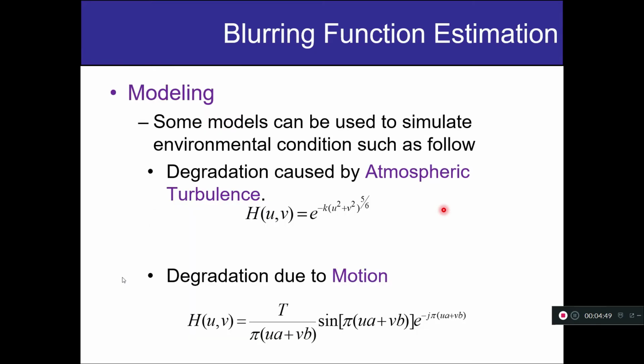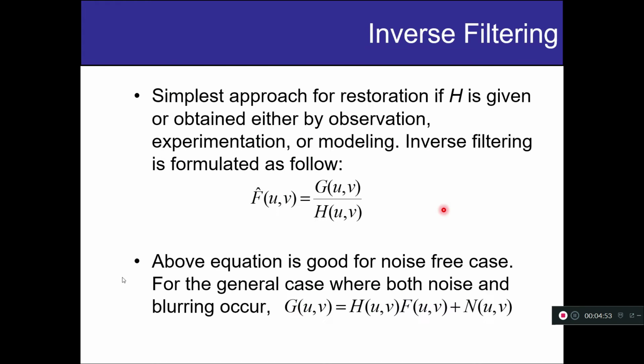In other words, in the restoring process, instead of applying several filters as in the first part, the only way to tackle an image affected by the blurring function at the restoration block is to apply what we call inverse filtering.